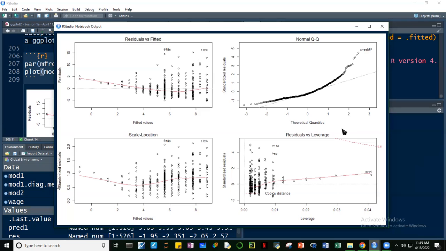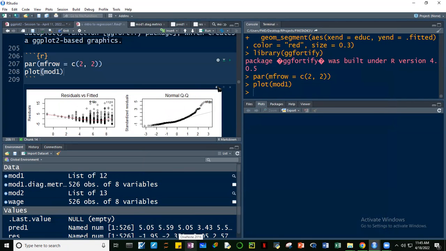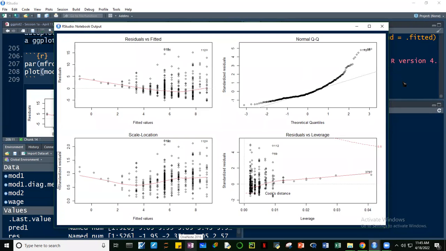Ano ibig sabihin ng BLUE? Yun yung best linear unbiased estimator. Okay? Kasi kung mababiolate, for example, yung homoscedasticity assumption, anong mangyayari sa kanya? Malamang hindi na siya yung best. Hindi na siya yung best na linear estimator natin.